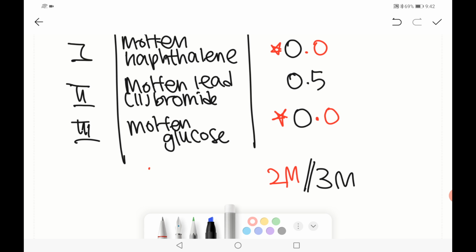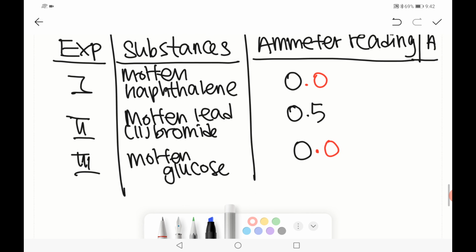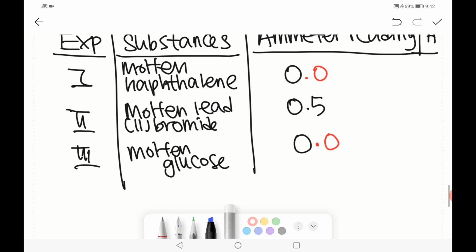I would like to highlight one more time: we always use 1 decimal point except when we use a burette, then we go for 2 decimal points. So you can see, once you put in the decimal point, from 2 marks you now become 3 marks. Just a very small thing can make a big difference. So please remember what units you should use and what decimal places you should use. So this is the first one.